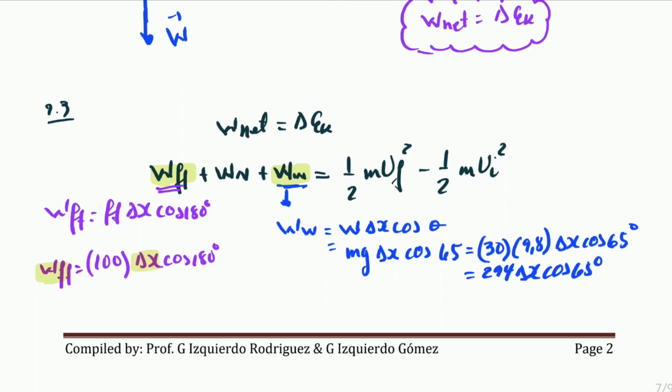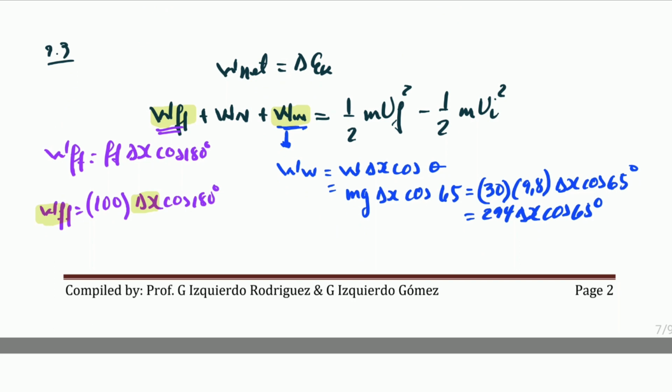We can now substitute everything in the main equation to calculate the net work. Remember, the work done by normal is 0, so I'm not going to substitute, and the initial speed is 0, so all that is 0.